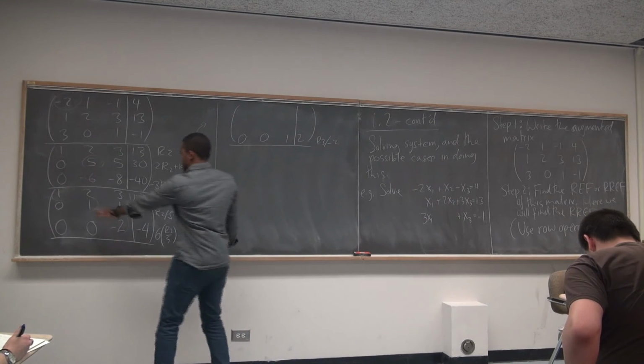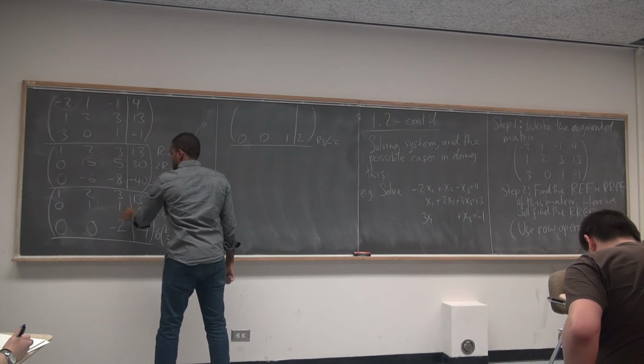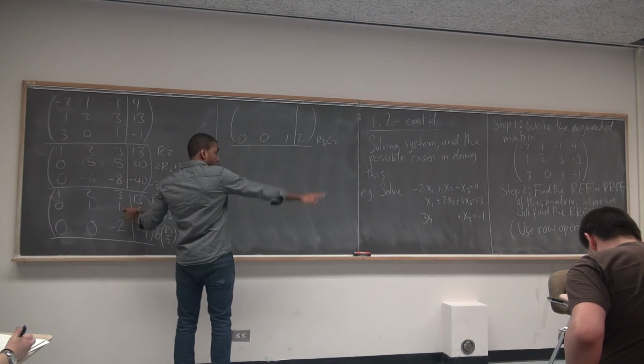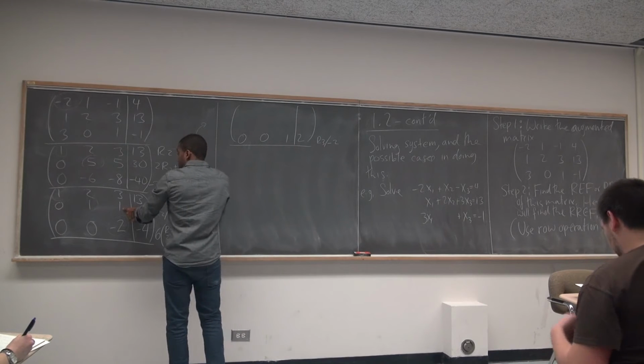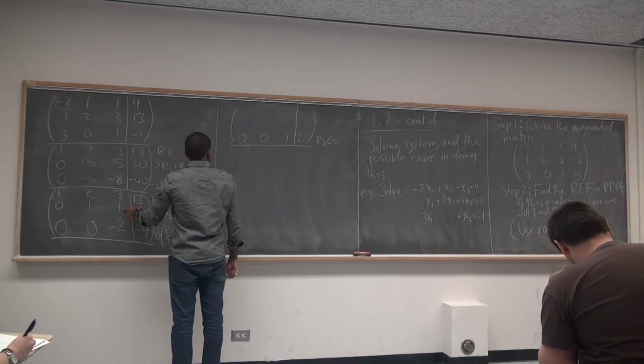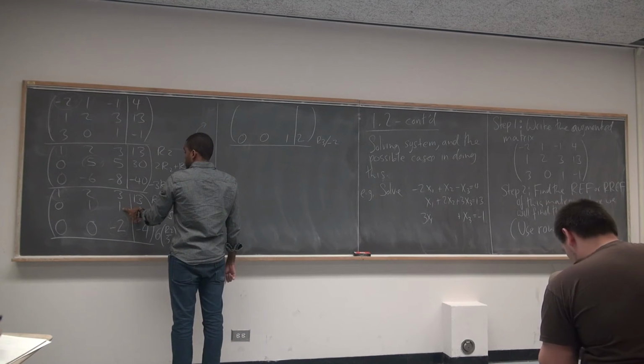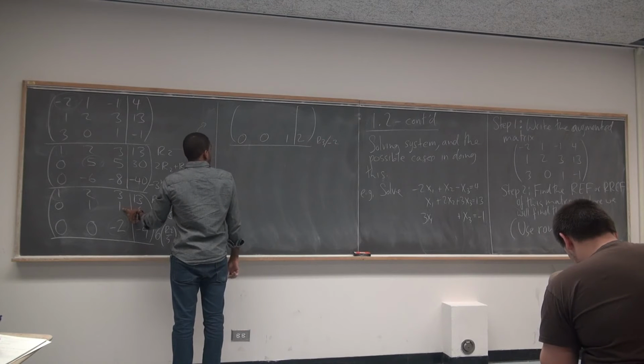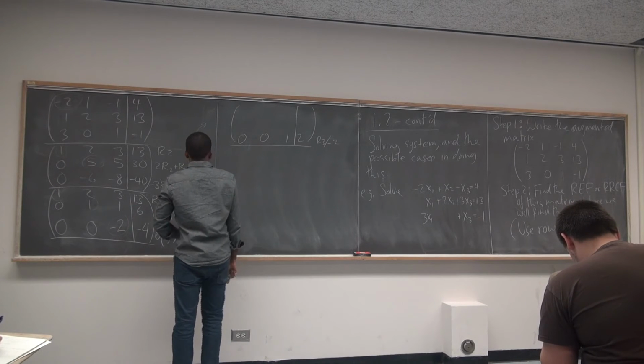Now this one, I already know it has a pivot here. This one I don't like though. I'm going for a reduced echelon form, remember. So what am I going to do with that? Substitution times negative 1 plus that one. Right.